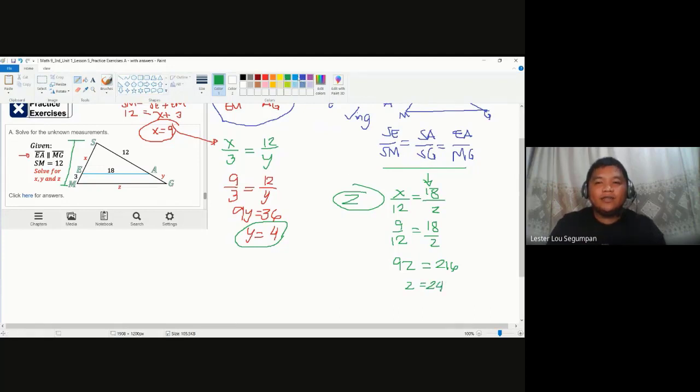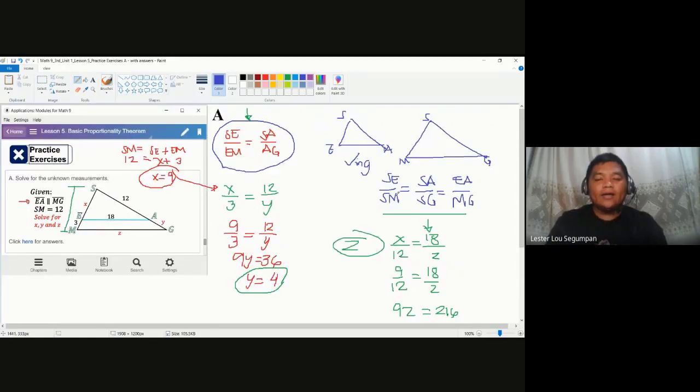So these are the results for the unknowns. But we need to check whether it's correct or not using this checking here. When we check, we will not use the relationship brought about by the basic proportionality theorem, but we will use the relationship for two triangles.